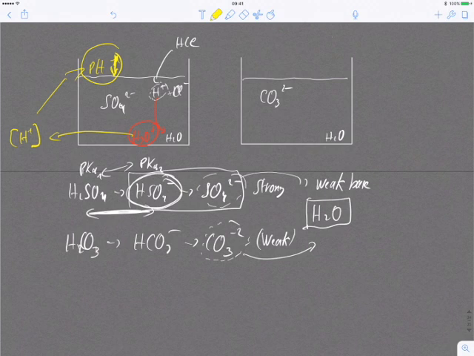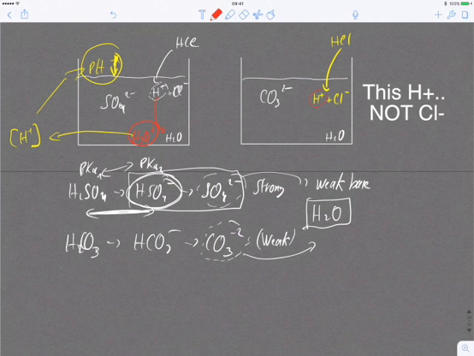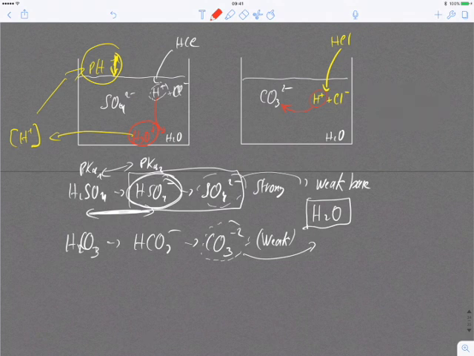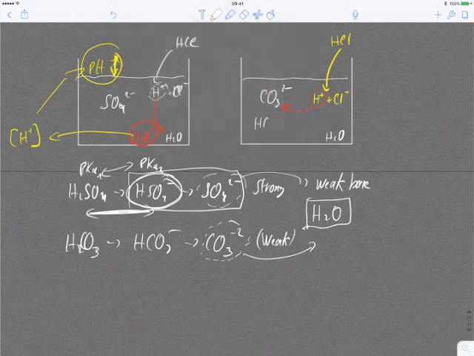If you're putting HCl into this bucket of water, you will have H plus, Cl minus, and then part of the H plus here will be attracted by the carbonate in this case, because the carbonate is a stronger base than the water. And what we are going to form is some bicarbonate.